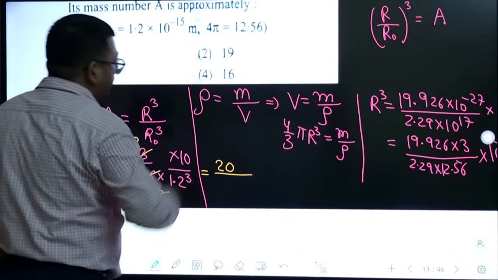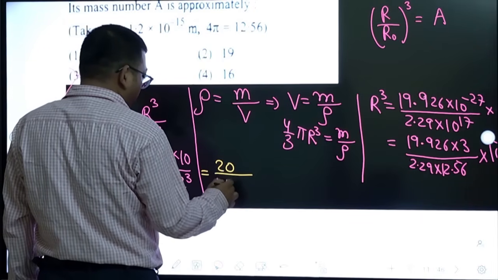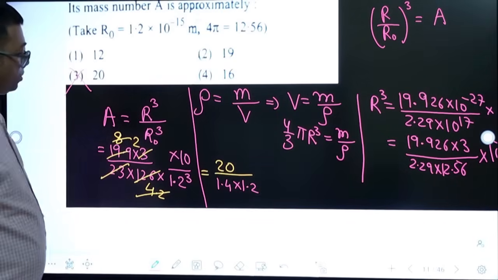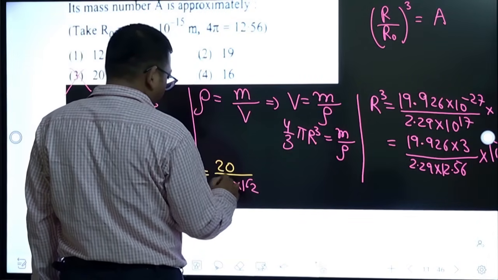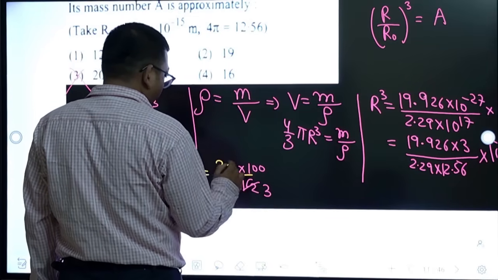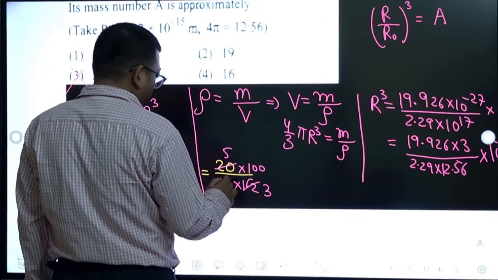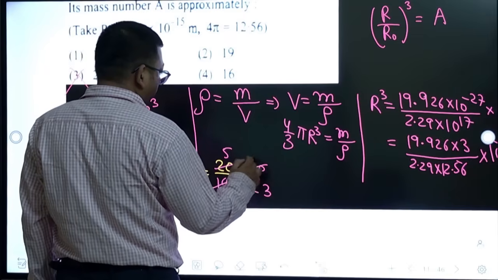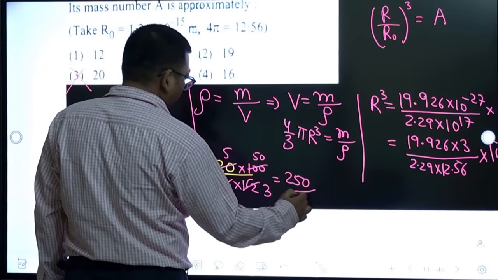Now 19 or 16, what it can be, because 1.2 whole cube, 1.414, another 1.2 can come, right? So if you try to cancel out, suppose if I do 100, extra 100 has come. So 4 into 3, 4 into 5, right? And this 2 into 7 and 2 into 50. This is 250 by 21.